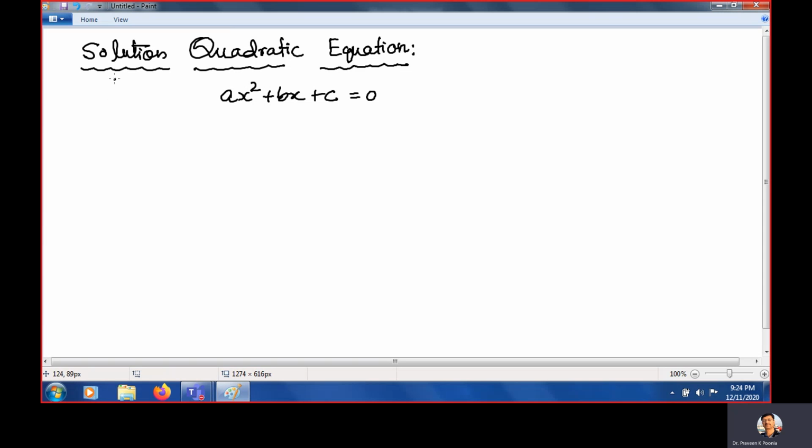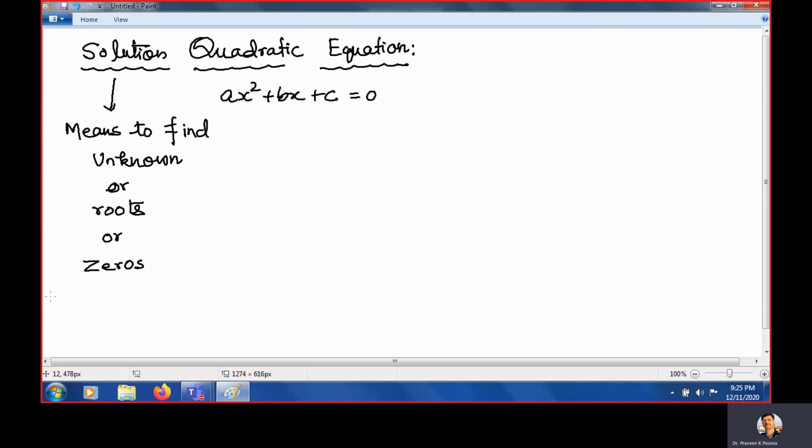Clear? What is the meaning of solution? Solution means to find the unknowns, or you can call them roots, or you can call it finding zeros.